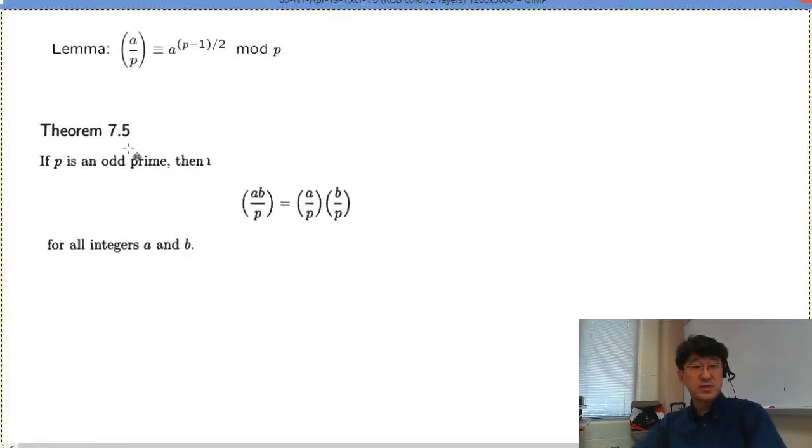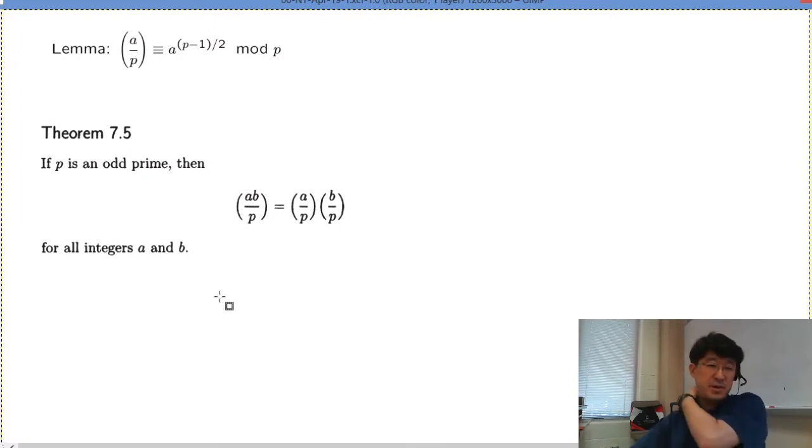If you multiply the two symbols, it becomes just the product of the symbols. Symbols, product of symbols is symbol of product. All right, but this is a hint. If you replace the Legendre symbol with this Euler criterion expression, then it's just a one-liner, right?